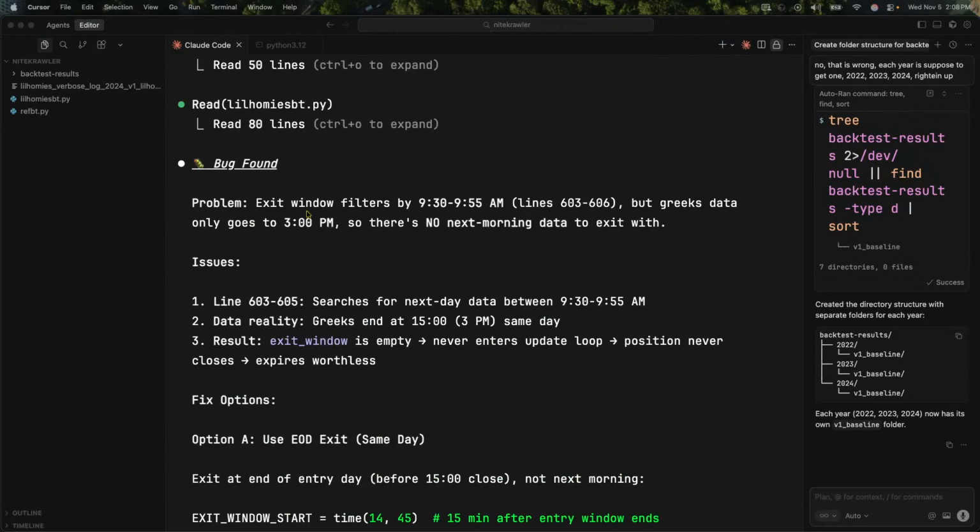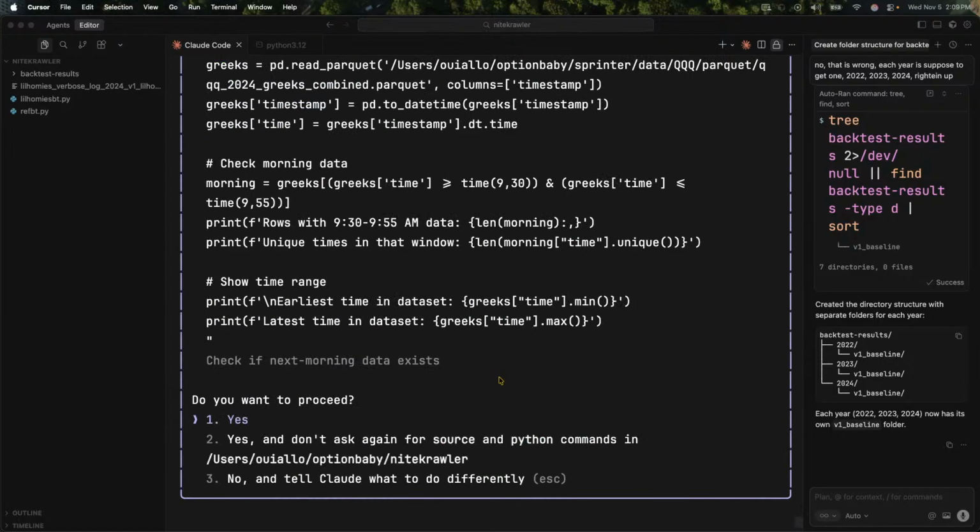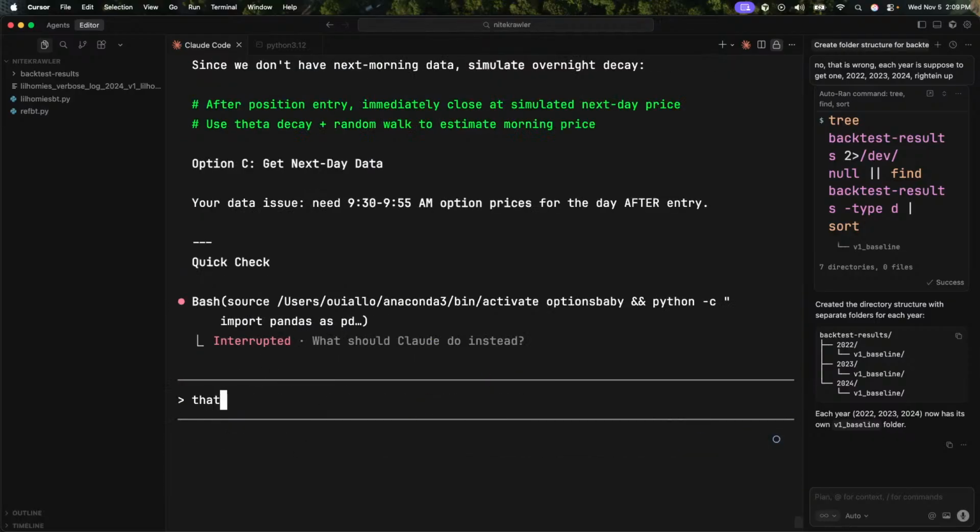The problem: the exit window filter by 9:30 to 9:55, line 603 to 606, but the Greek data only goes to 3 p.m. So there's no next morning data to exit with. That doesn't make sense.